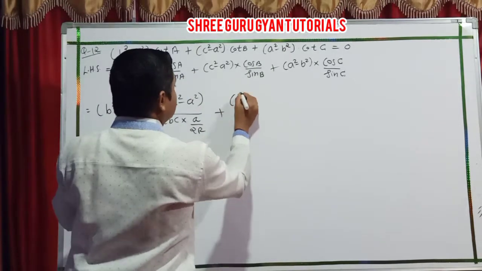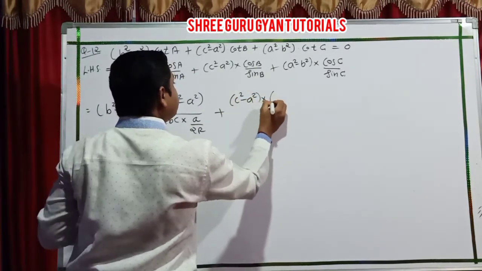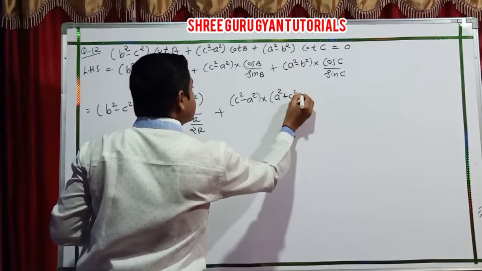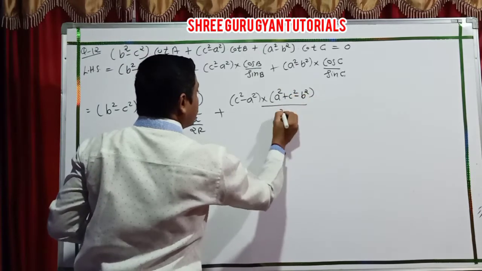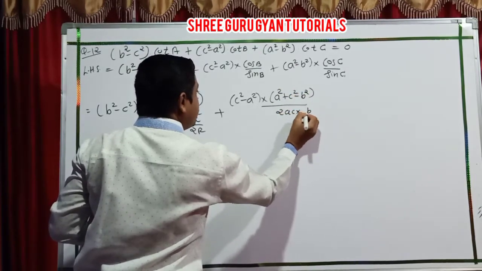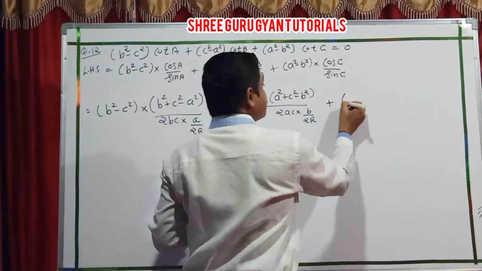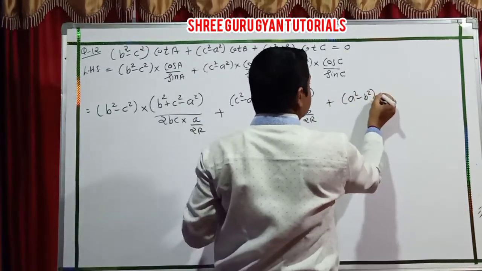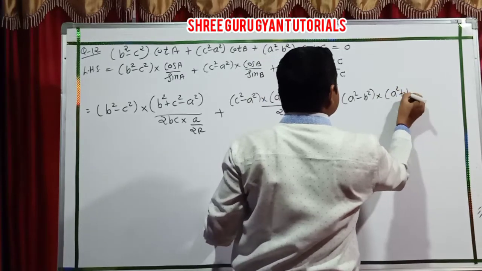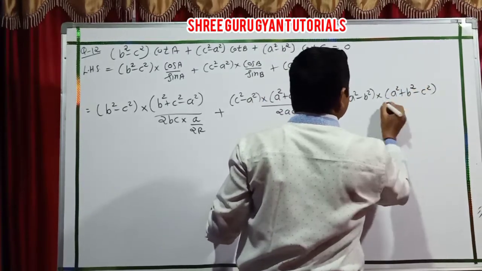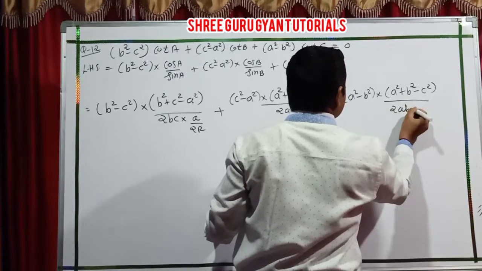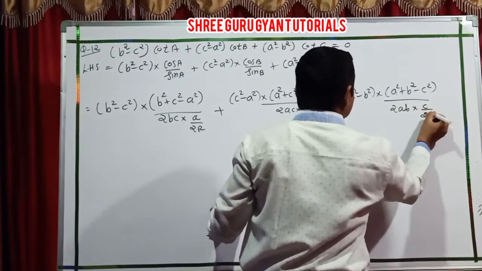Same here, write down cos B: a square plus c square minus b square upon 2ac, and sin B is b by 2r. And last, same as cos C: a square plus b square minus c square upon 2ab, and sin C is c by 2r.